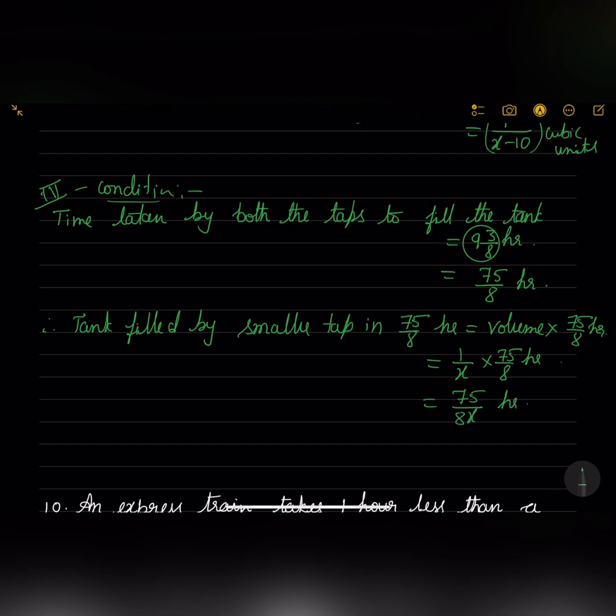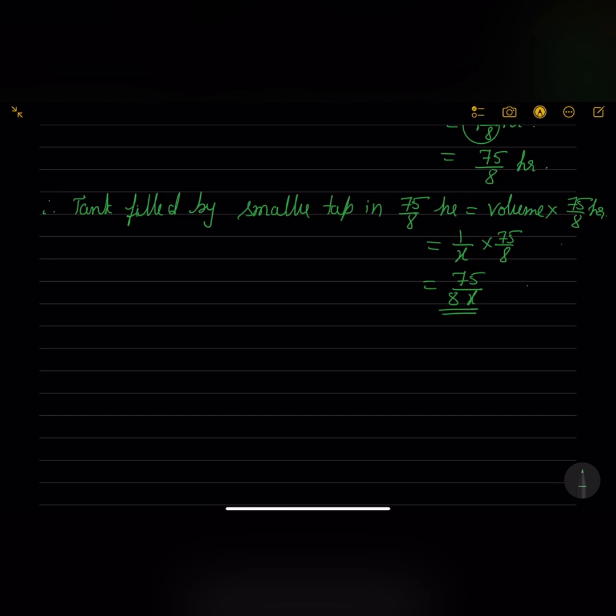Now the tank filled by the larger tap in 75 by 8 hours is equal to volume into 75 by 8 hours.